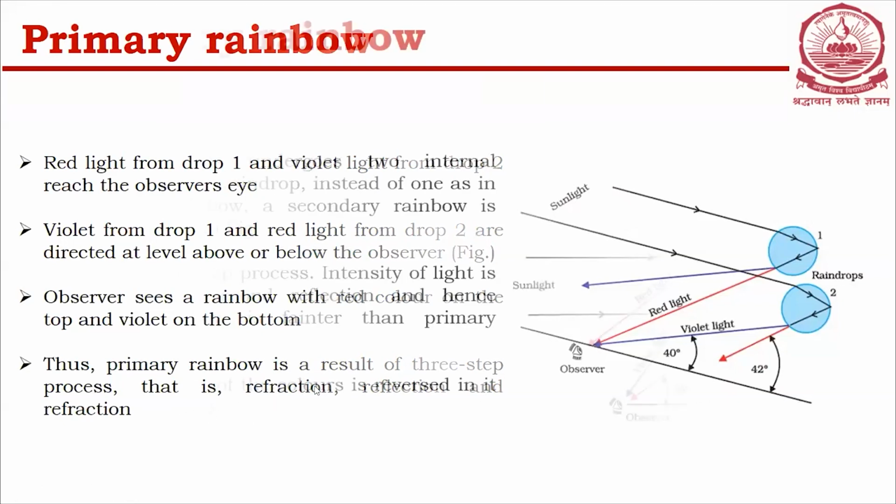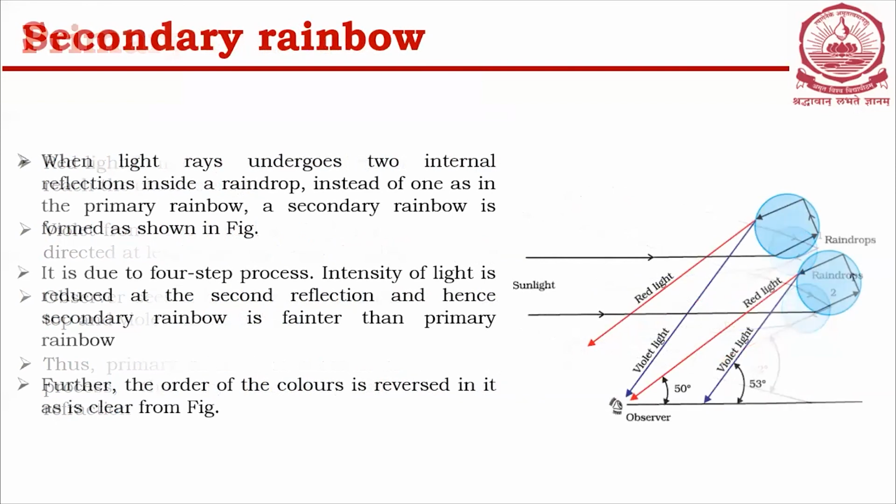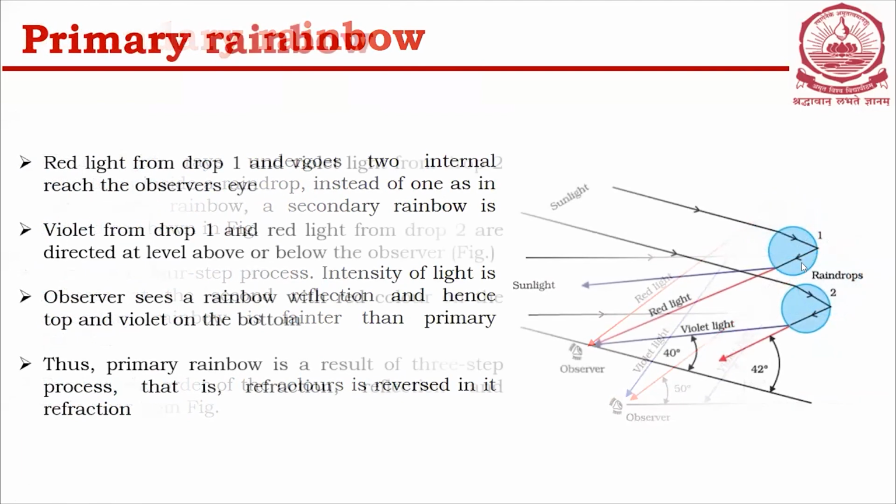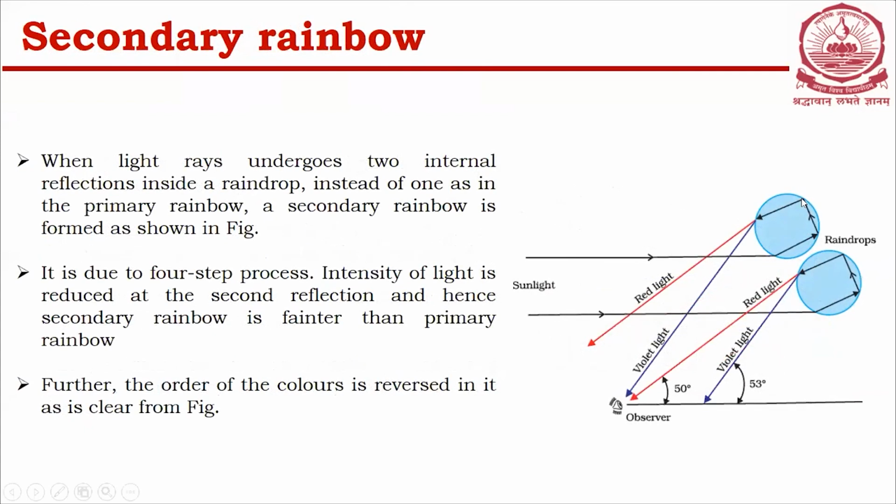Next one is the secondary rainbow. You can see what a secondary rainbow is. This is two internal reflections inside the raindrop. Instead of one reflection, you can see two reflections here. First here and the second here. This is the first reflection and this is the second reflection.